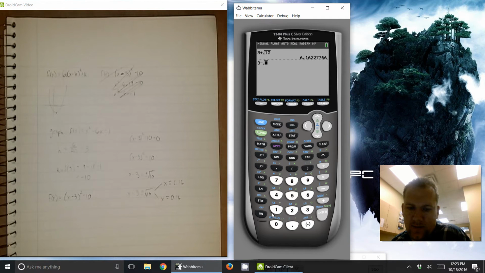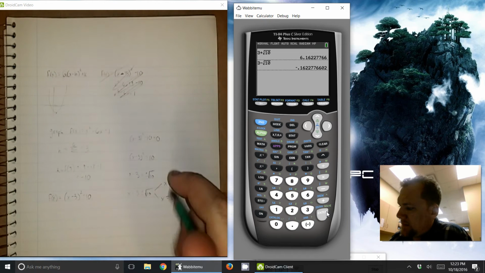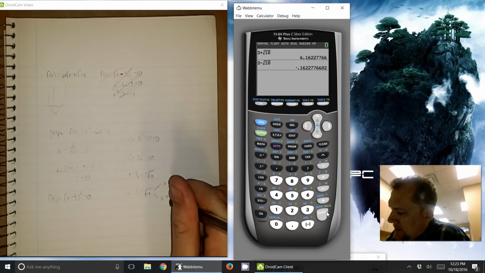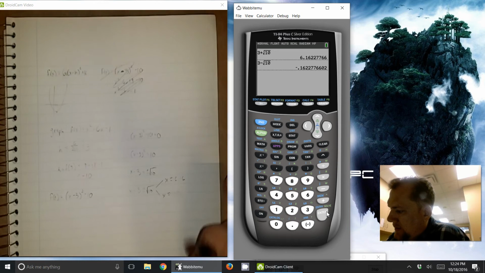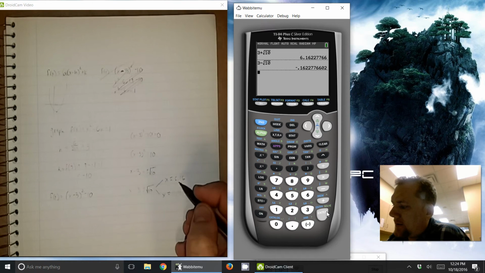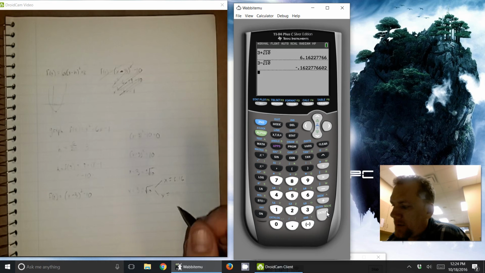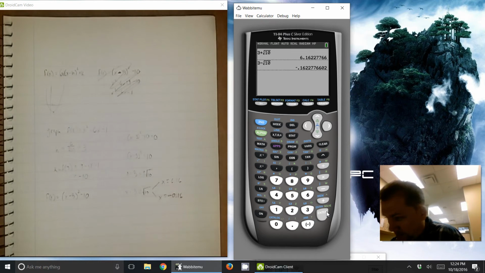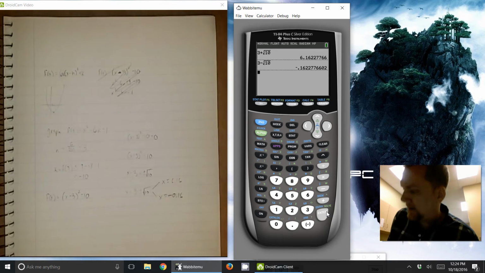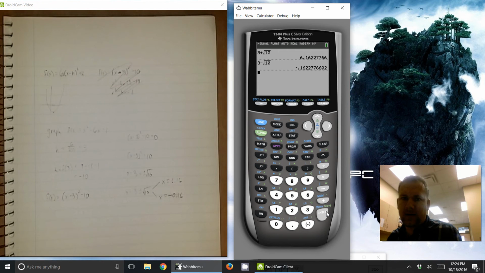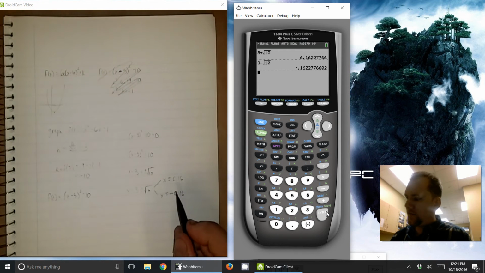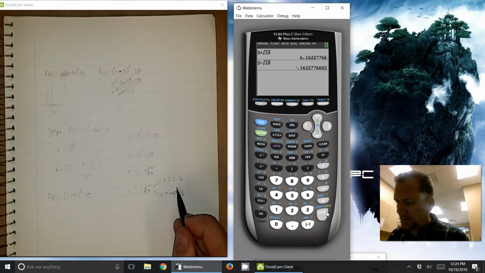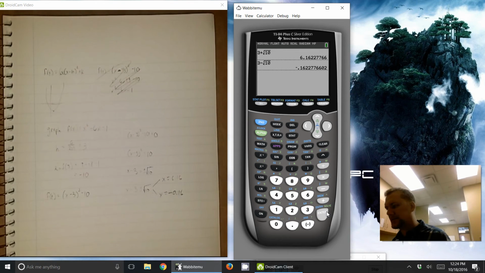Just check it just in case. Oh, see, I was wrong. Yeah, you have to subtract 3.16 from 3. So it'll be negative 0.16. It's always a good idea just to do it on the calculator. Okay, now those are symmetrically on either side, right? I went from 3 forward 3.16 and from 3 backward 3.16.